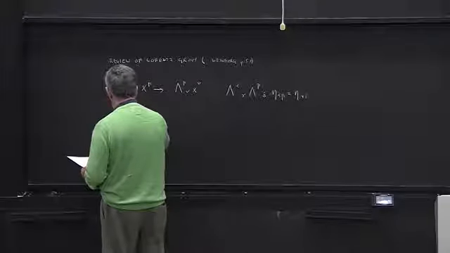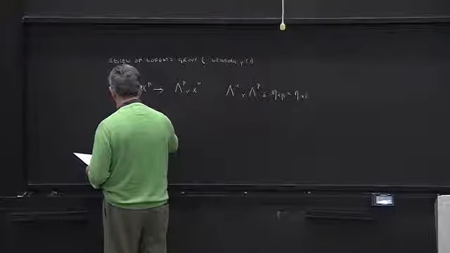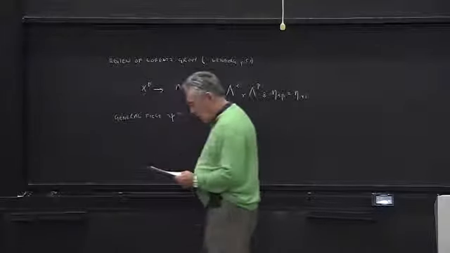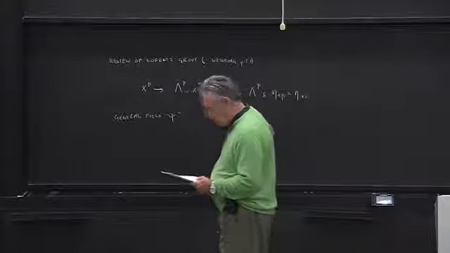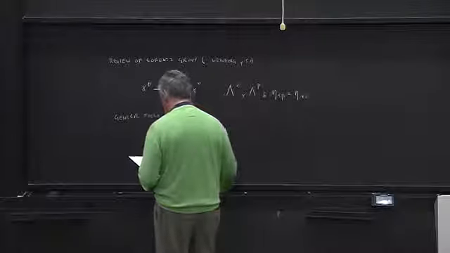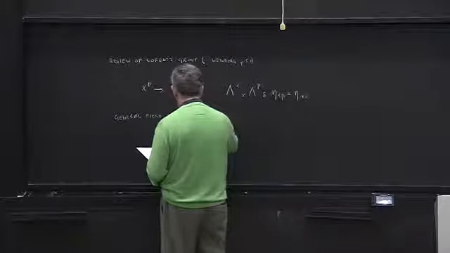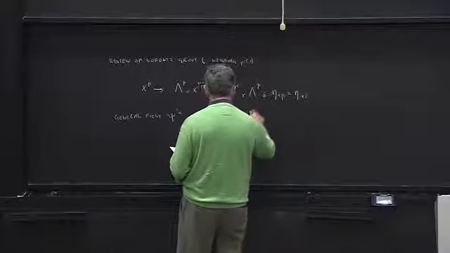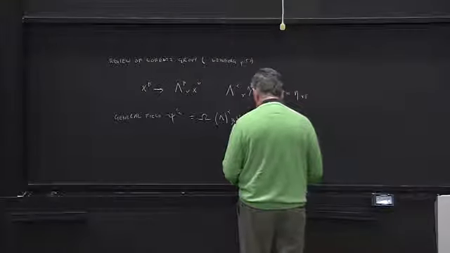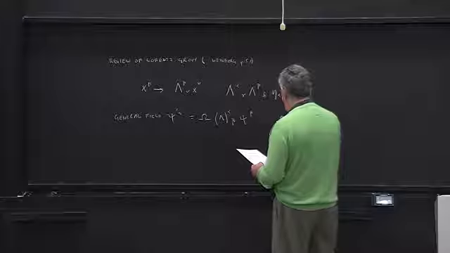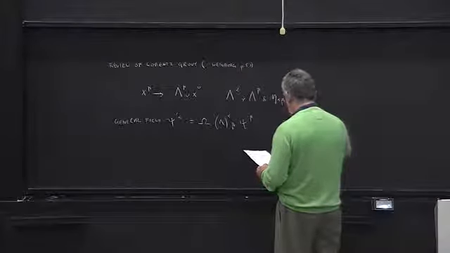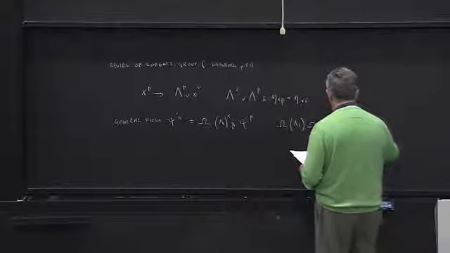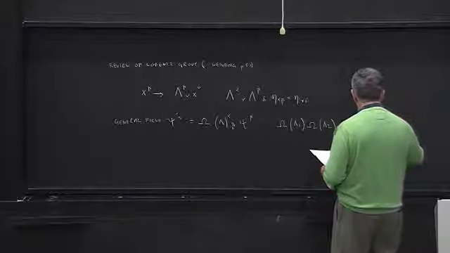Now, a general field, which I'm going to call ψ_α, and I'm not going to specify at the moment what α is, transforms as Ω(Λ)_αβ ψ_β. And Ω obeys the group rule that Ω(Λ1) times Ω(Λ2) is Ω(Λ1 Λ2).